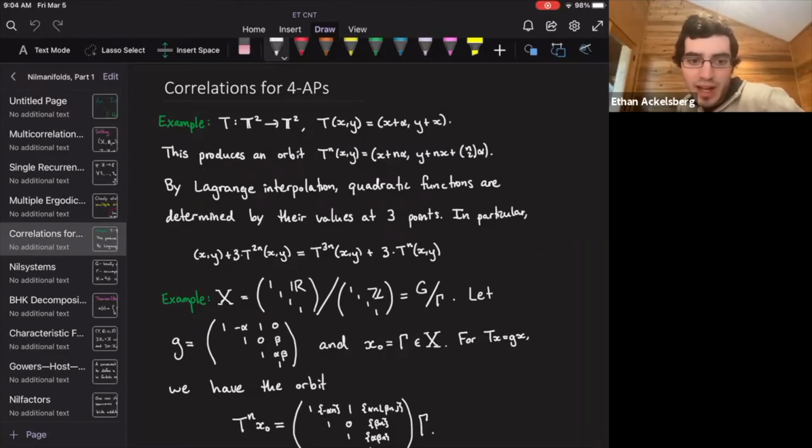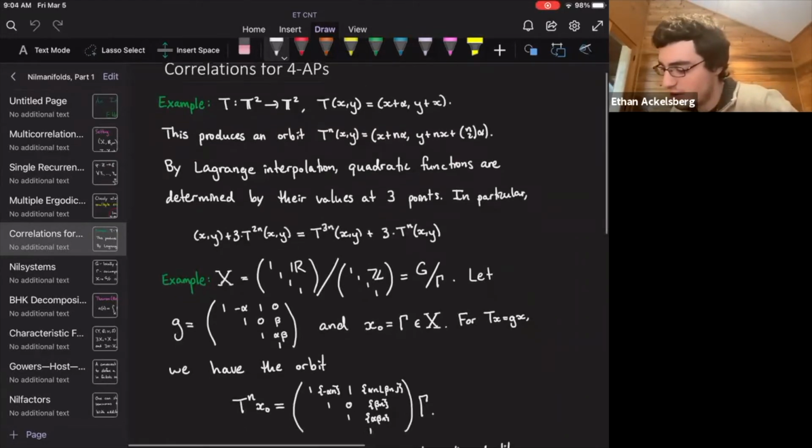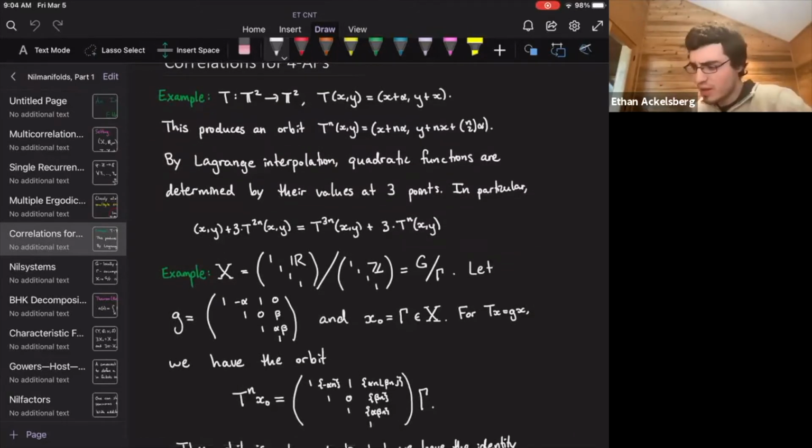And if we look at how this group element acts on the quotient space, we can write this out and get this particular orbit. So there's some manipulations that I skipped here.